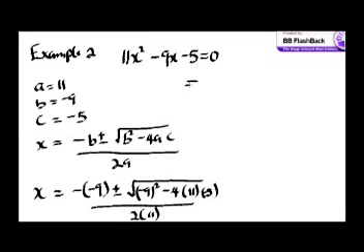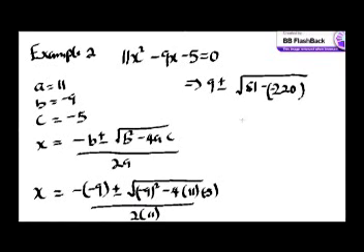So I'll have this to be equal to minus 9 is 9 again, plus or minus square root of, let's see, minus 9 squared will give us 81, minus 4 times 11 is 44, 44 times 5 will be 220. Okay, that's minus 220.